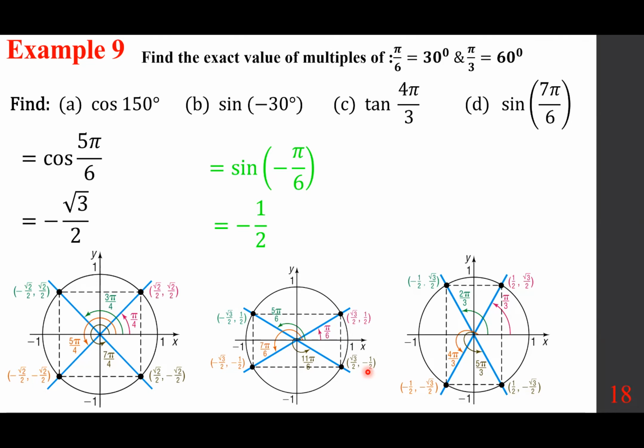Tan of 4 pi over 3, we are here. And remember, tangent is the ratio of sine to cosine. Both of them are negative. Negative over negative makes it positive. Sine of 7 pi over 6 puts us in the third quadrant.